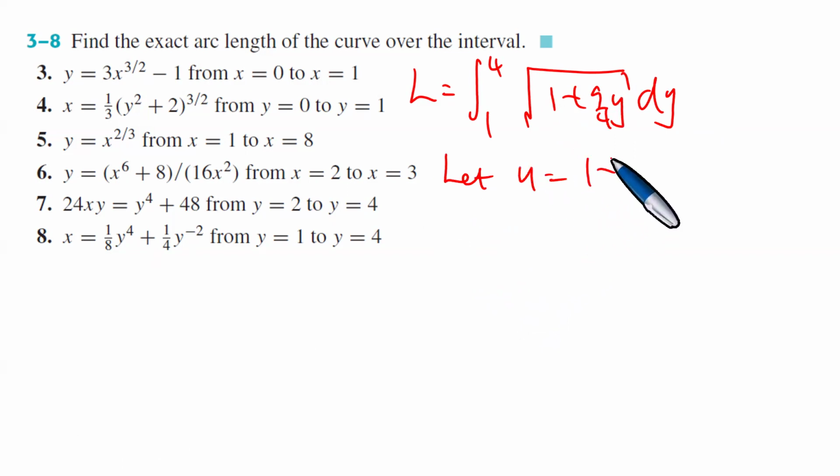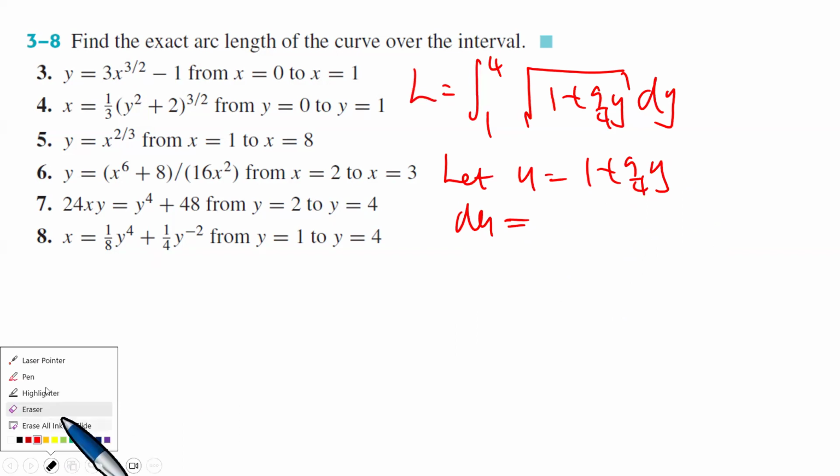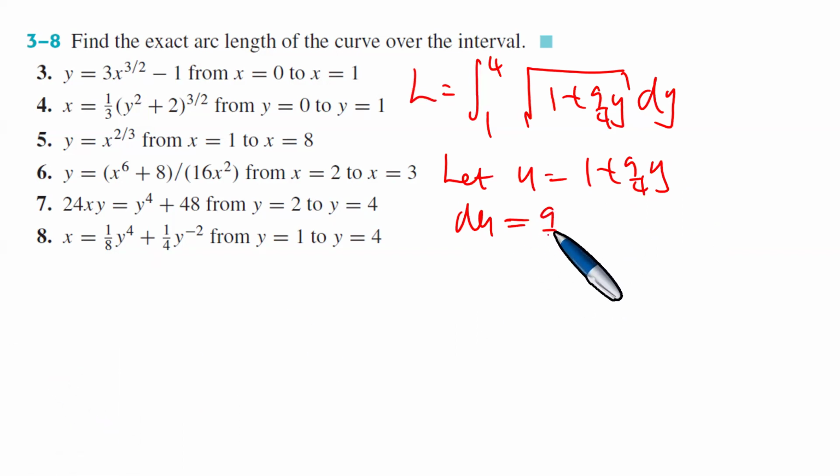We need to let u be 1 plus 9 out of 4 y, which means that you have du. The derivative of this one is 9 out of 4 dy. So now you have y and then u.